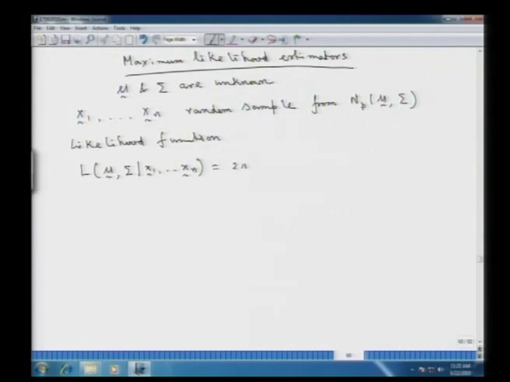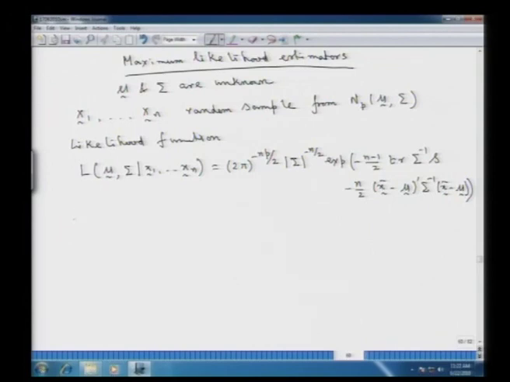As we had seen earlier, the joint PDF, which we are now taking as the likelihood function, is given by the following: 2 pi to the power minus n p by 2, determinant of sigma to the power minus n by 2, and e to the power minus 1 by 2 times the trace of sigma inverse times (n minus 1) S matrix, plus n times x bar minus mu vector transpose sigma inverse x bar minus mu vector, right. So, this is now the likelihood function of mu and sigma given x1, x2, ..., xn.